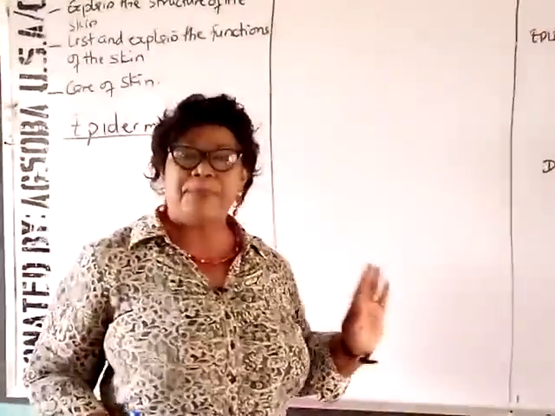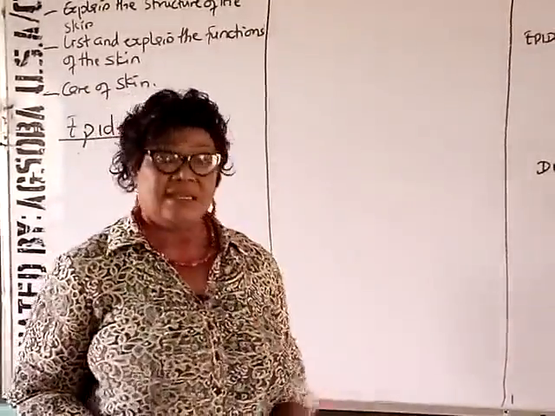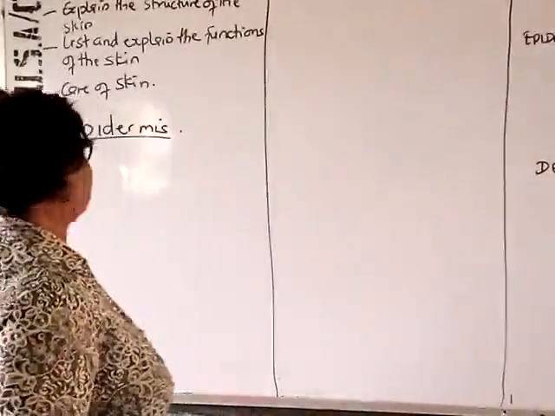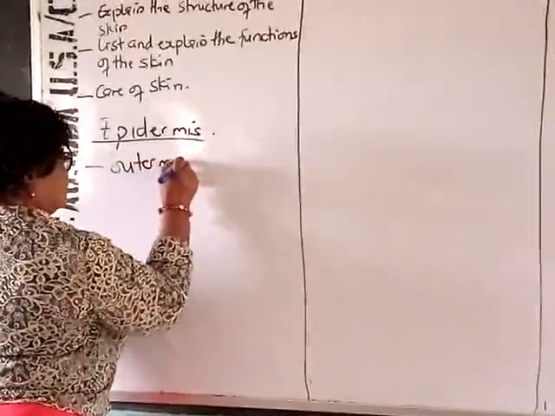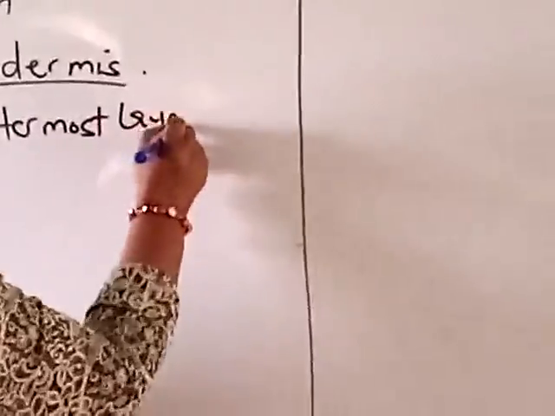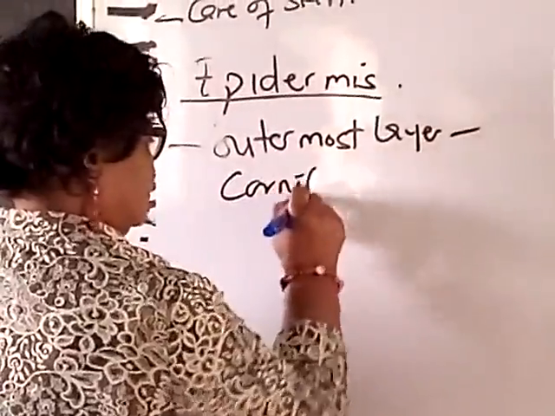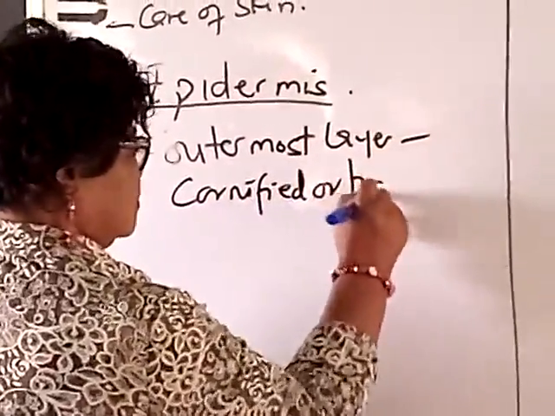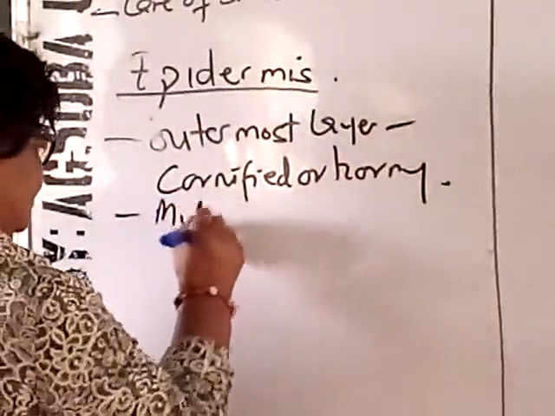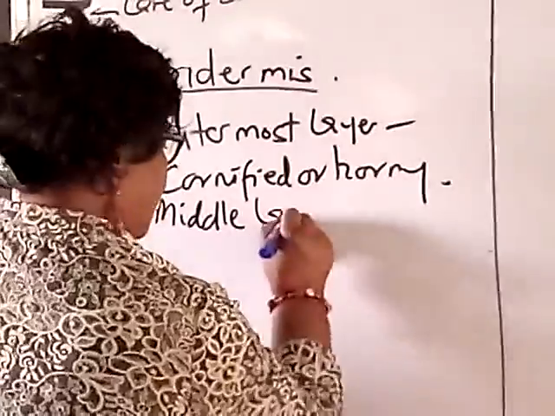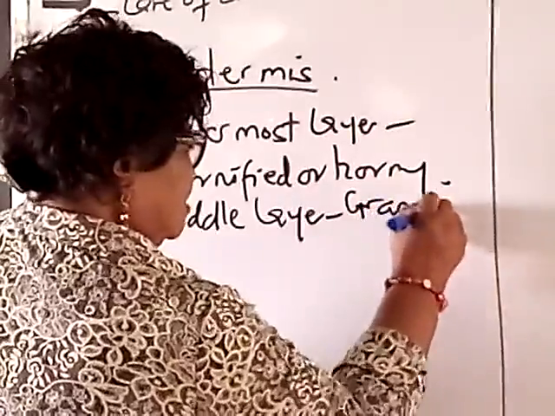Now the epidermis, like I said, shows variation in thickness because of the areas that are constantly exposed to pressure. This epidermal layer consists of three main layers. The first one is the outermost layer, known as the cornified or horny layer. The second one is the middle layer, called the granular layer.